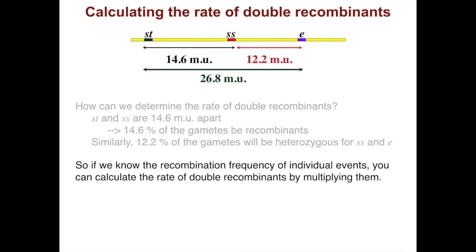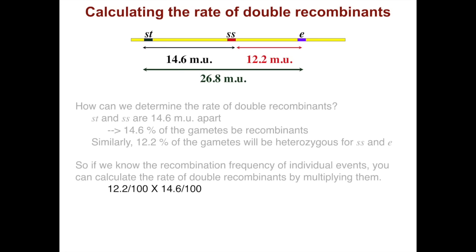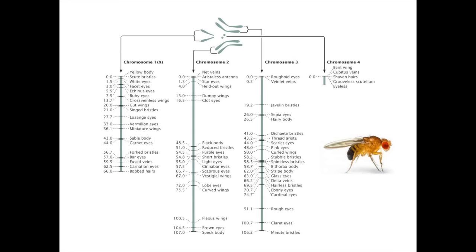If we know the recombination frequency of individual events, you can calculate the rate of double recombinants by multiplying them. So we have 12.2 over 100 times 14.6 over 100, which gives us 1.78%.